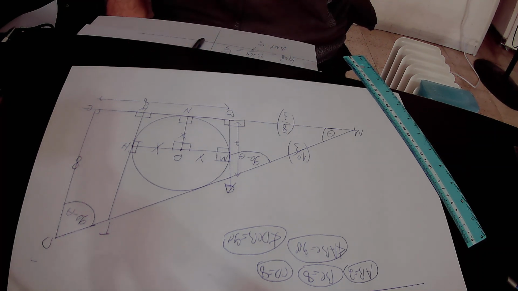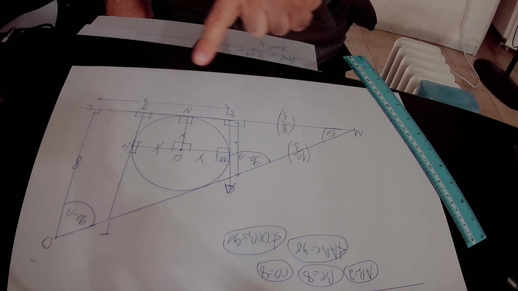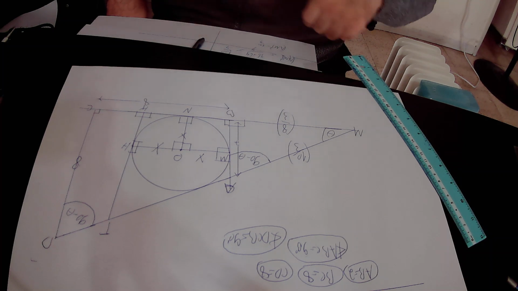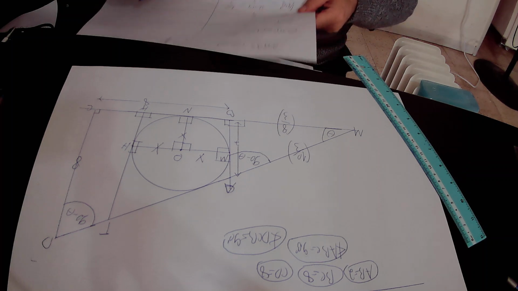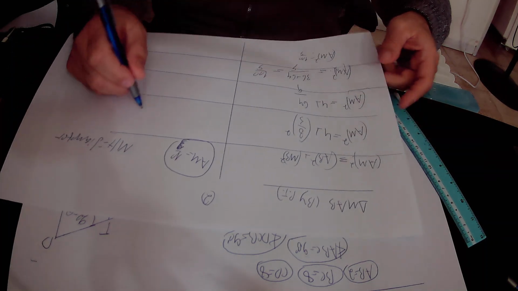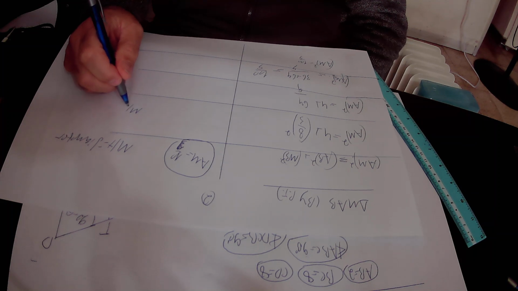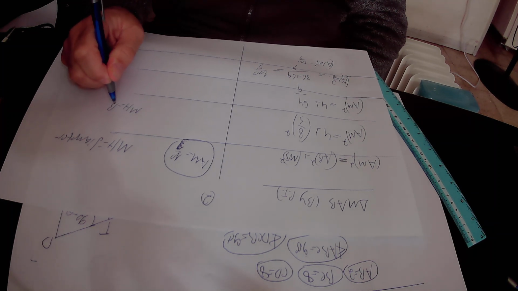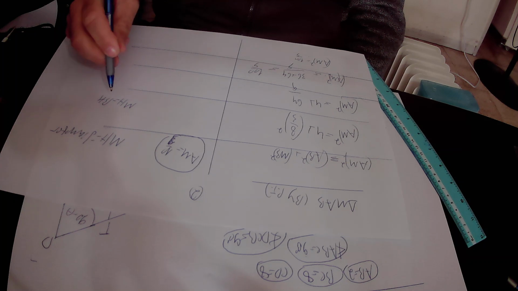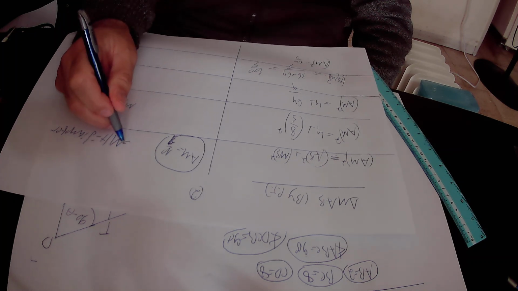And we know that the opposite sides of a rectangle are equal to each other. That is to say, MH must be equal to BK. So in rectangle MHBK, MH equals BK. We can write here that MH equals BK.